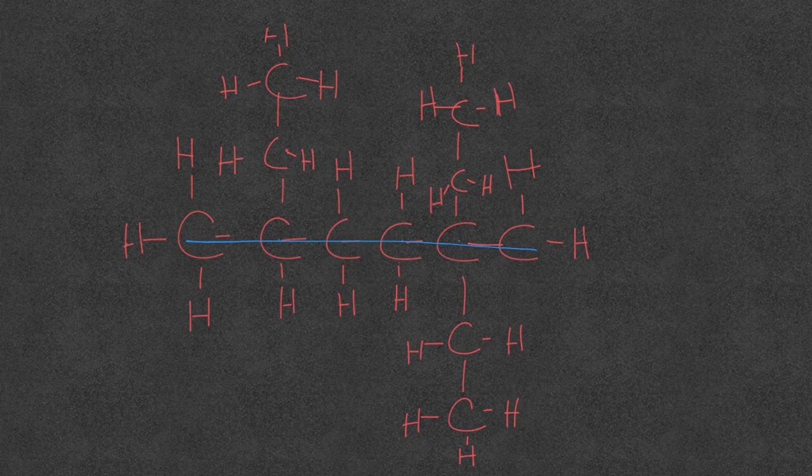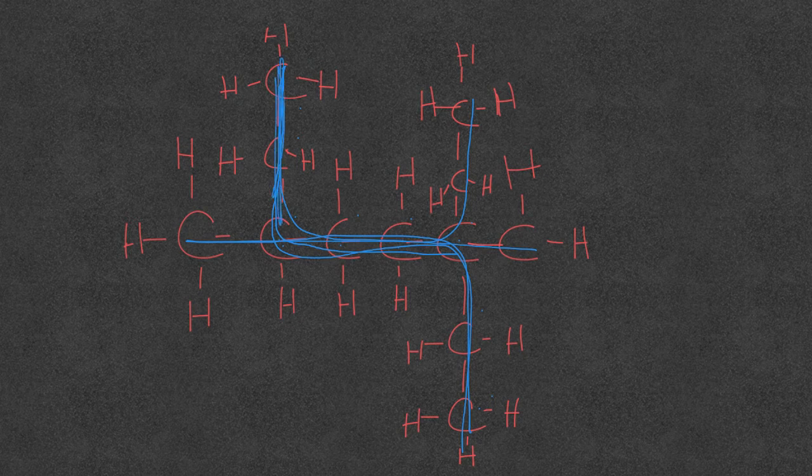If I went across and down, that would be 1, 2, 3, 4, 5, 6, 7 carbons that I could connect. If I go from here, though, I could connect 1, 2, 3, 4, 5, 6, 7, 8 carbons. Other thing I could do is go this way and then up, but that would also be 8.